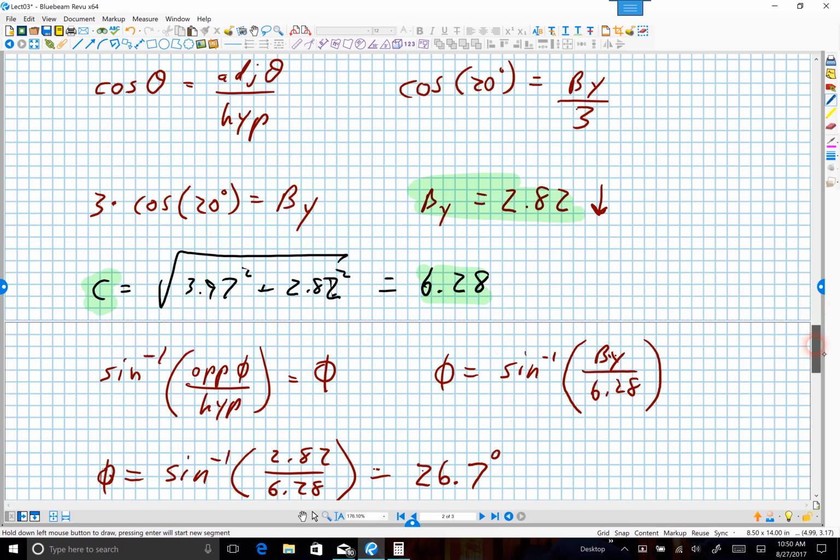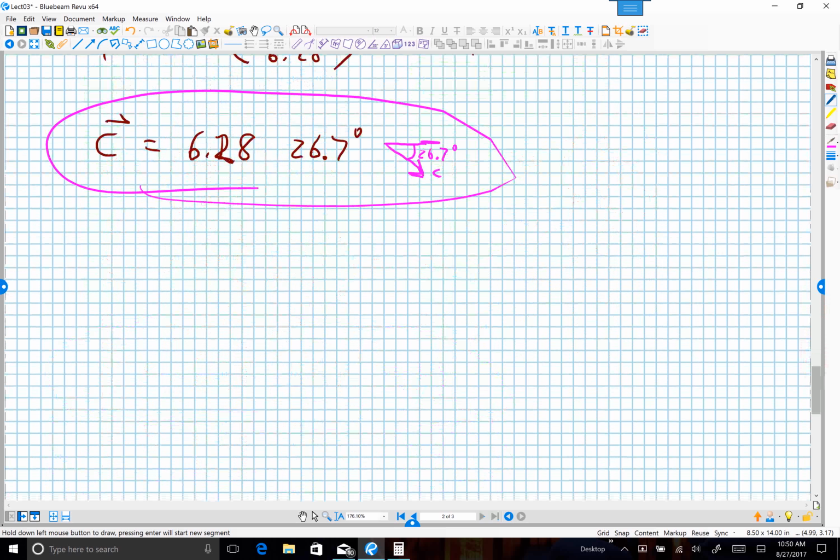So in the homework that you've got to do, you're going to have a bunch of problems that are going to require you to break things up into components. They'll give you a vector, they'll give you a context, so you can draw a diagram. I strongly encourage you to draw diagrams. Draw a diagram, and they're going to ask you for the components of various vectors.